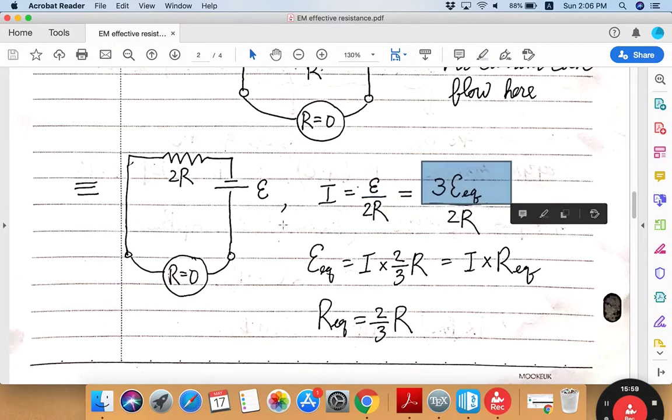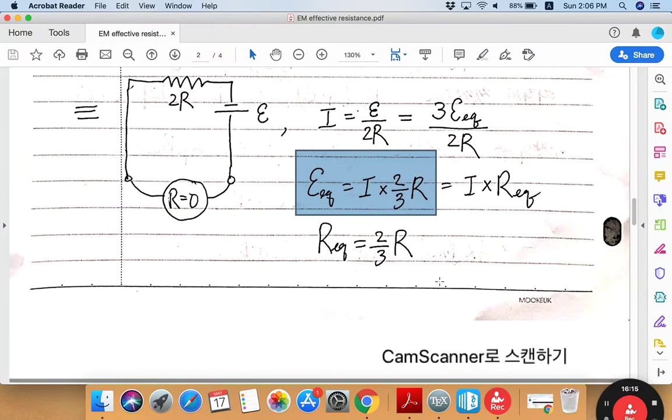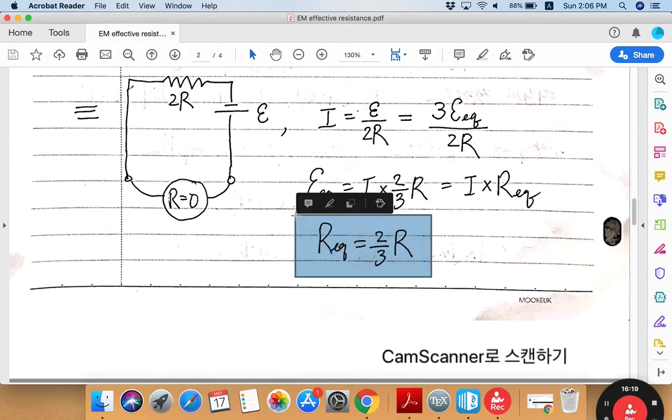In other words, the equivalent voltage is equal to the current that flows through multiplied by 2/3 of the resistance R. Okay, so then what that tells us is that the equivalent resistance is precisely 2/3 of R.